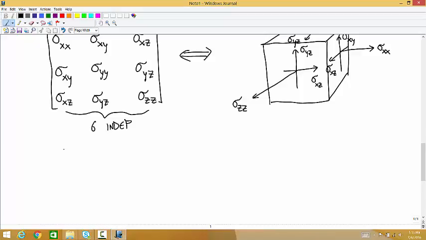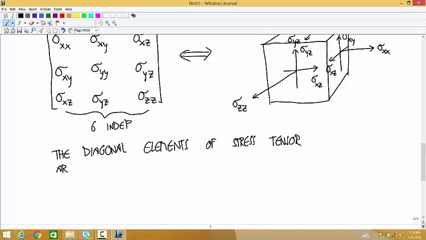The diagonal elements of the stress tensor are the normal stresses. A positive value means that the member is in tension, and a negative value means it's in compression.